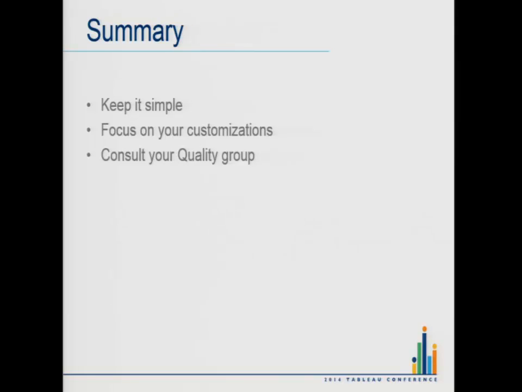In summary of the validation piece, we've always said just try to keep it simple. Tableau is middle of the road in terms of the GAMP classification of the software. As you move from level 1 down to level 5, the risk is greater at level 5, which covers software that is completely custom apps.